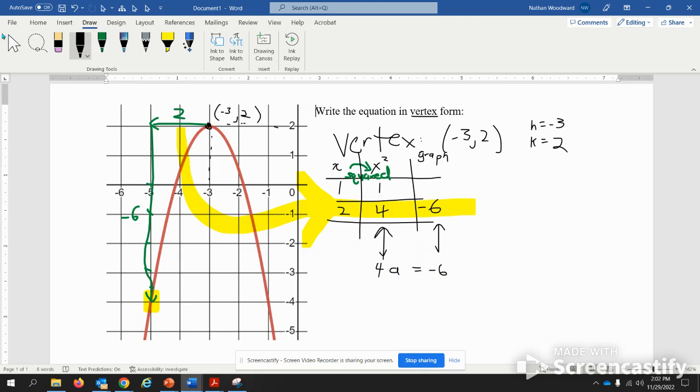Okay? So, just to review what I just wrote. These numbers come from the graph.